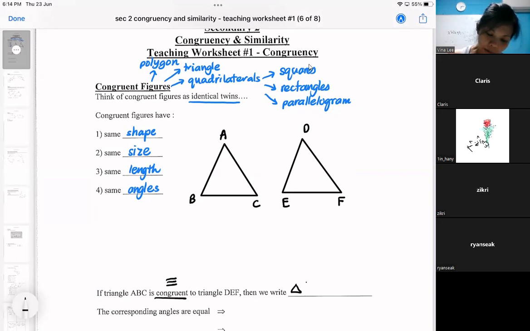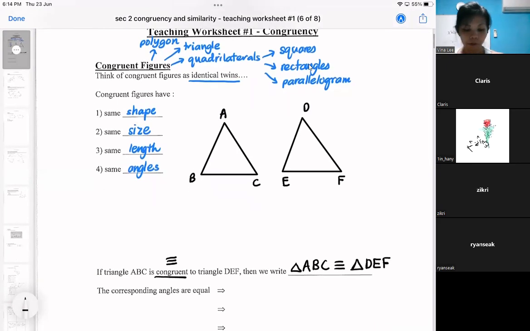So triangle ABC is congruent to triangle DEF. The triple line means they are like identical twins. This is the symbol for congruent. So the symbol will tell us that they are identical.